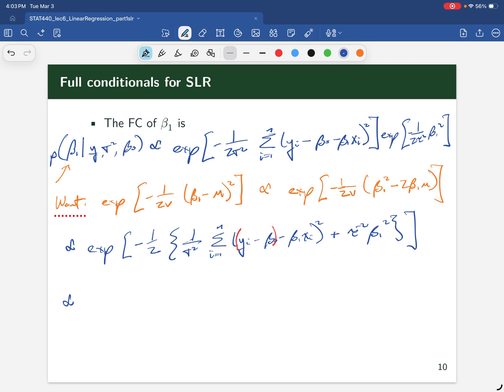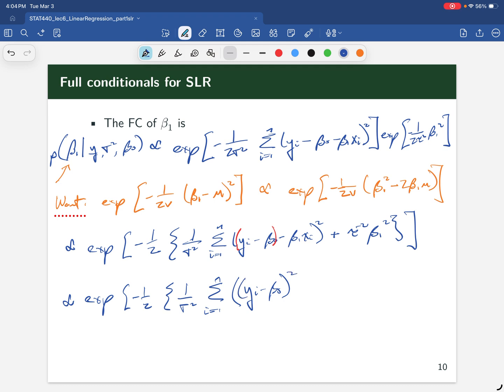Doing that gives me e to the negative 1/2. I still have my 1 over sigma squared. I still have my sum here. And then my first term is going to be (yi minus beta naught) squared.